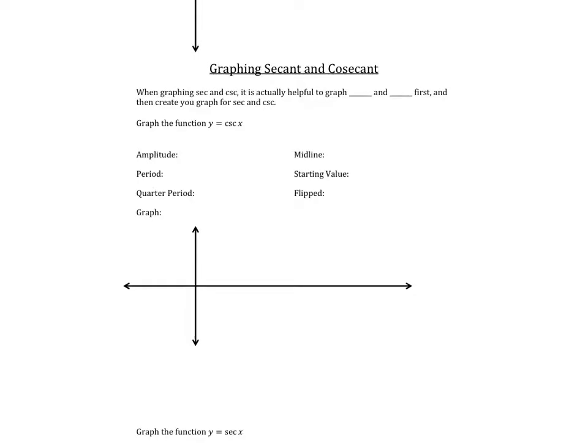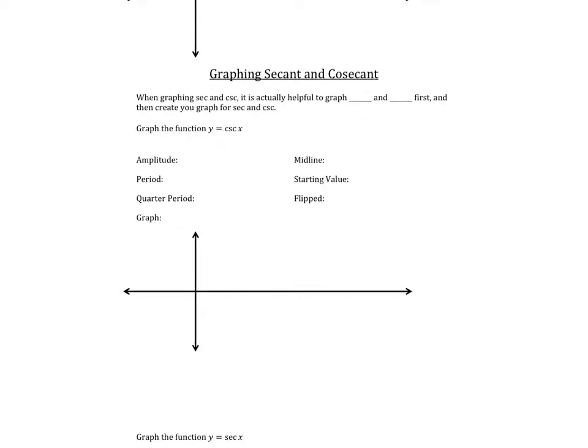Now I want to graph cosecant and secant, and we'll start by graphing cosecant. It might be helpful to remember that cosecant of x is just the reciprocal of sine of x.